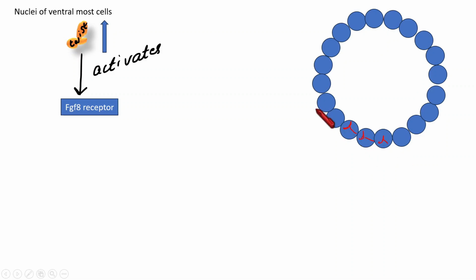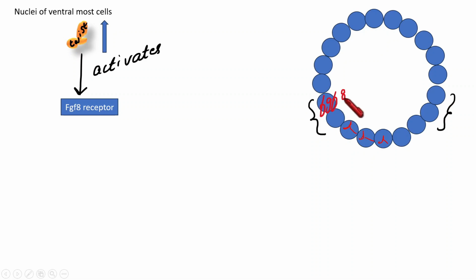And in the cells just near, up from these 16 ventralmost cells, the concentration of dorsal protein will be less compared with that of the 16 ventralmost cells. So in these cells, it is possible for the FGF8 gene to express. So FGF8 will express in these cells seen just above the 16 ventralmost cells.